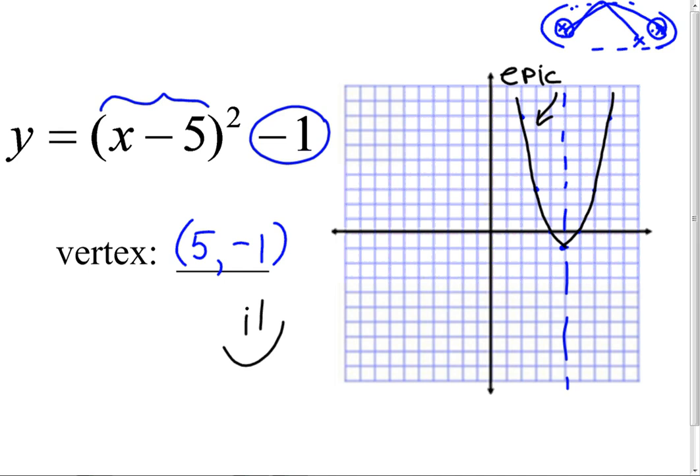Okay. What we're doing with these parabolas is we're just taking little pieces at a time, and adding a little more. So if you understand it as we go, you should be okay when we put it all together.